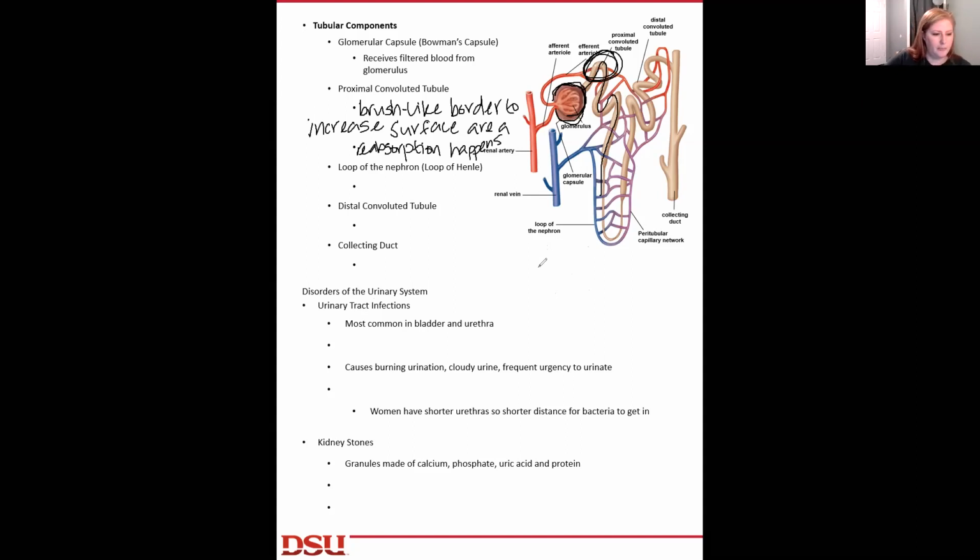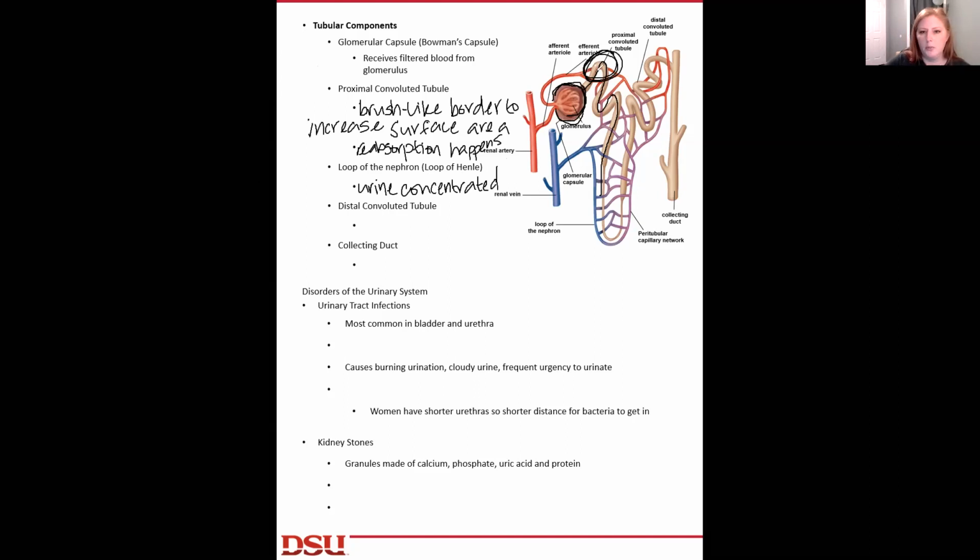Okay, so in the loop of Henle, overall, what you need to know is that urine is concentrated here. And again, depending on whether you're on the descending or ascending part, each of those parts reabsorbs something different, which is going to lead to the concentration of the urine.